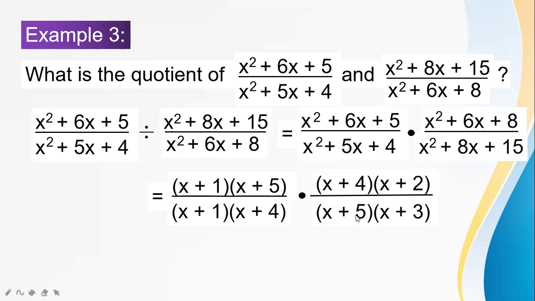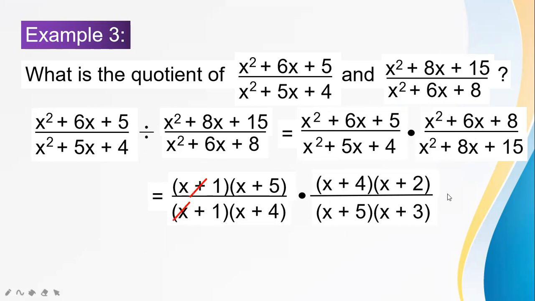Then we have x plus 5 multiplied by x plus 3, the factors of this polynomial. x times x is x squared, 5 times 3 is 15, and 5x plus 3x is 8x, or simply 5 plus 3 is 8.